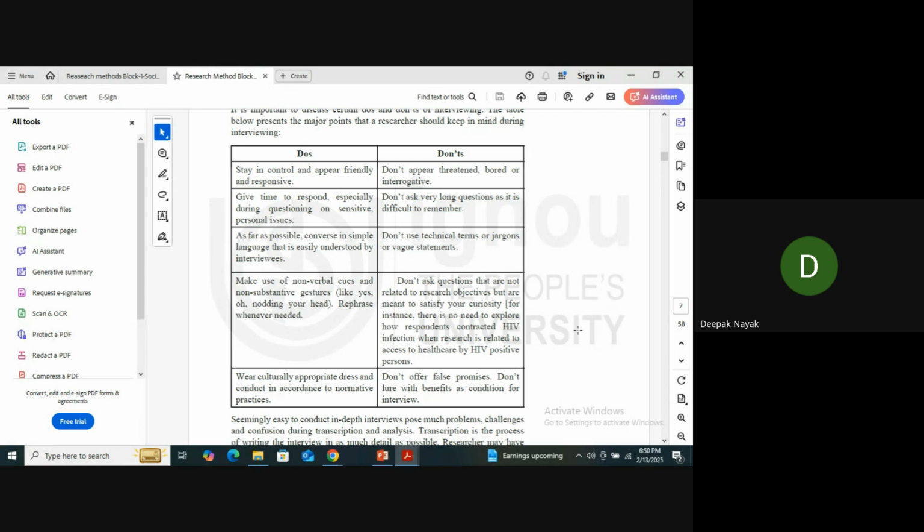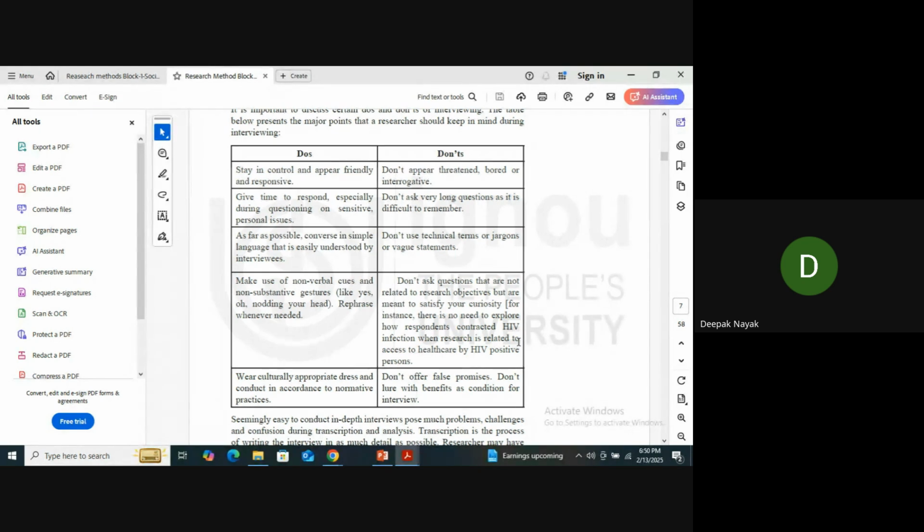Otherwise, the responses, the answers really differ, and the results are different from what we expect. Then make use of non-verbal cues, particularly while doing qualitative investigation or qualitative study.